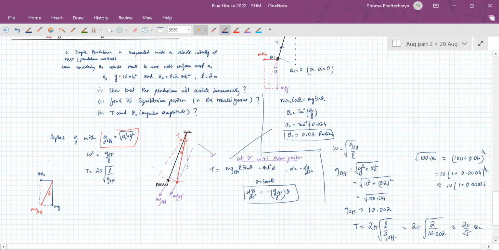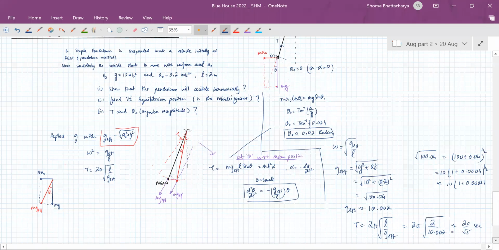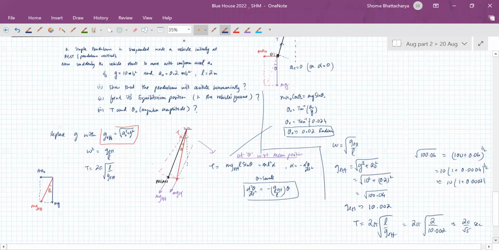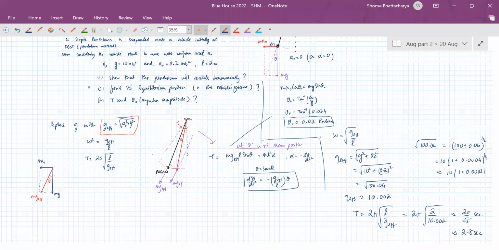It's about 2.8 seconds. So we are done with this. Equilibrium is at this much.